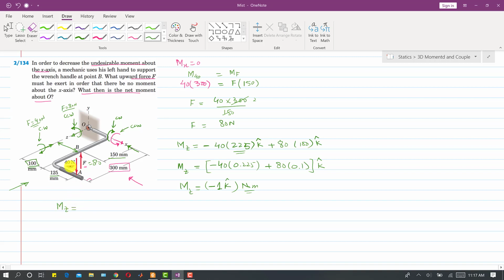That was 40 multiplied by 100 plus 125, so this becomes 0.225, and this was in the negative Z direction, so this was minus 9 Newton meter. Now we have this moment, minus 1, which is much less than the moment about Z in the previous problem.